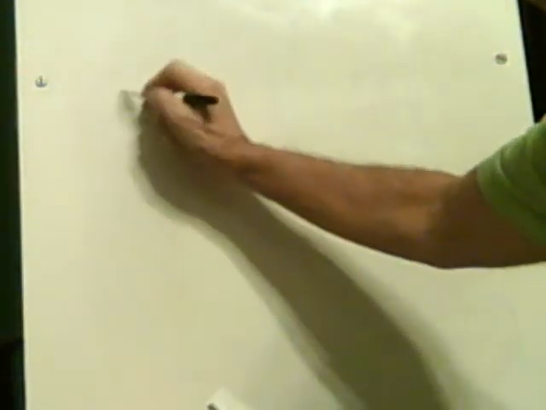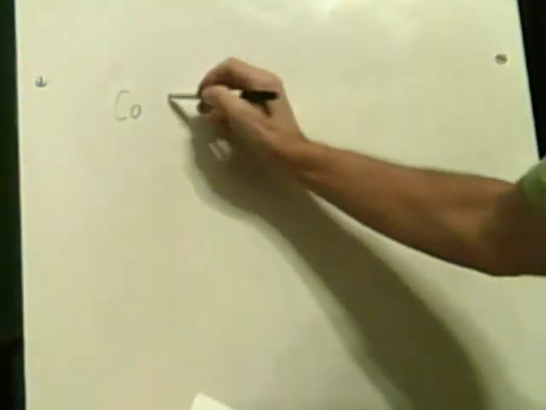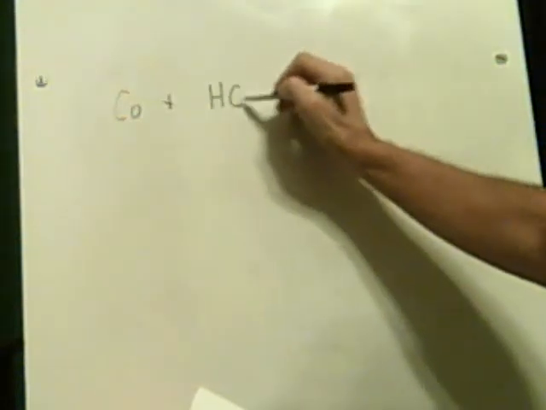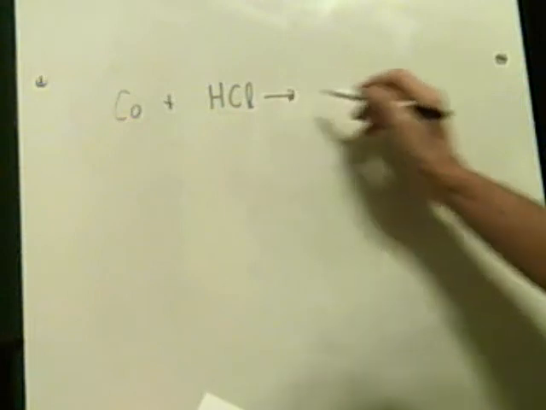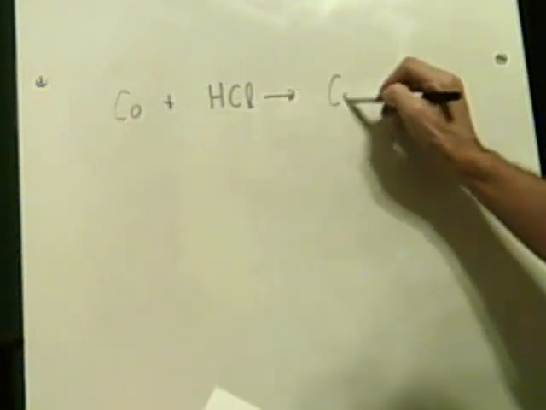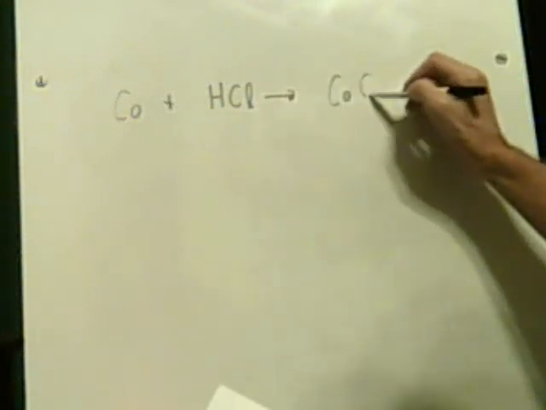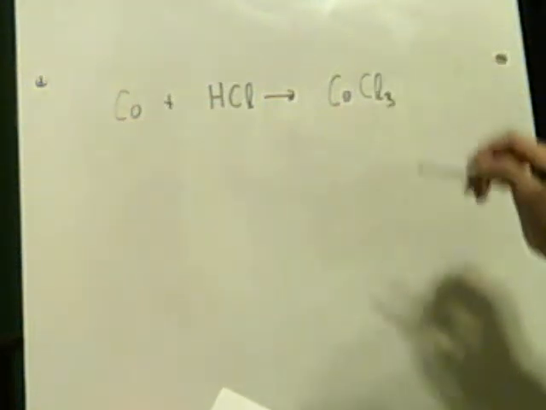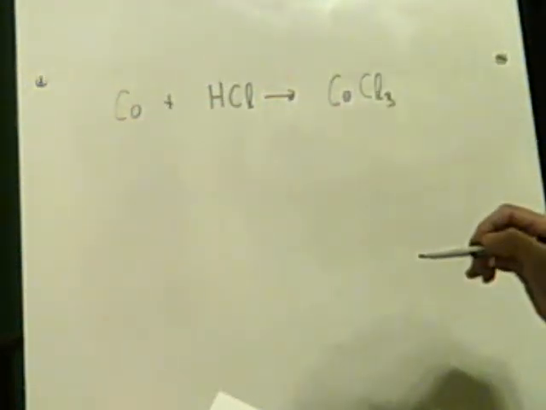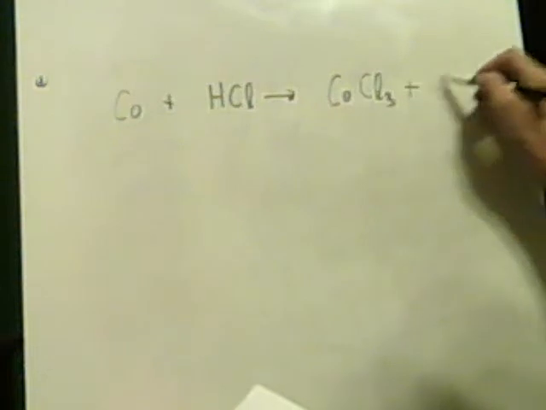Okay, next one. Cobalt plus hydrochloric acid, HCl, gives cobalt chloride, which is dissolved, and a hydrogen gas.